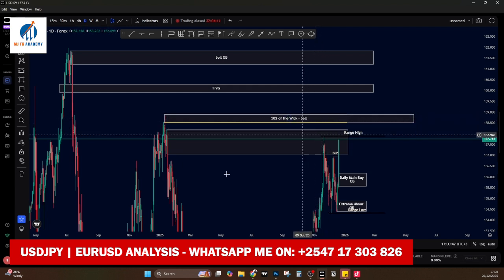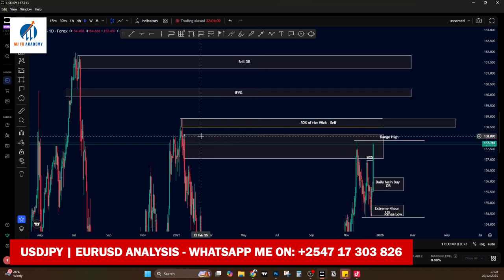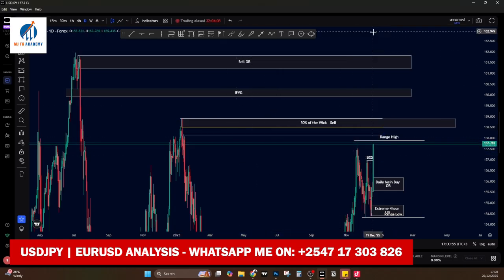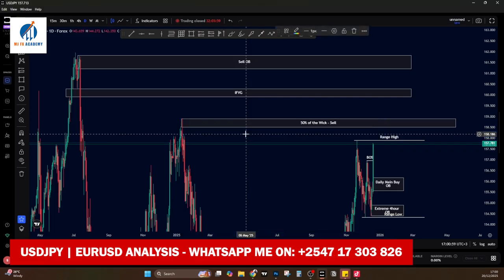If it doesn't sell from this, and you can see that okay, let me remove this. I don't want to confuse anyone. Let me remove that, and also remove this.